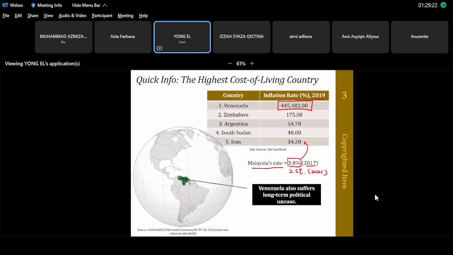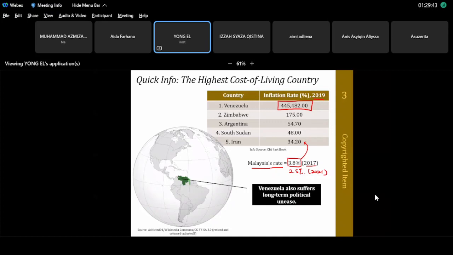Profit is the engine that drives the growth of business over the long time, I mean the long run. If the inflation rate is too low, that is not a very good environment for business to grow.